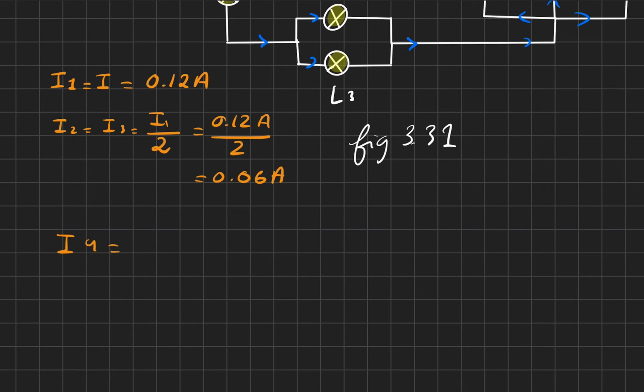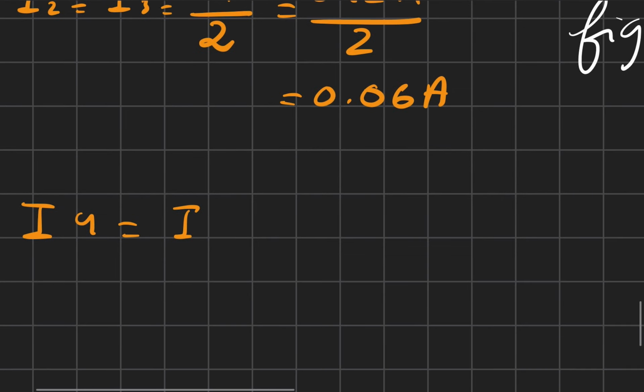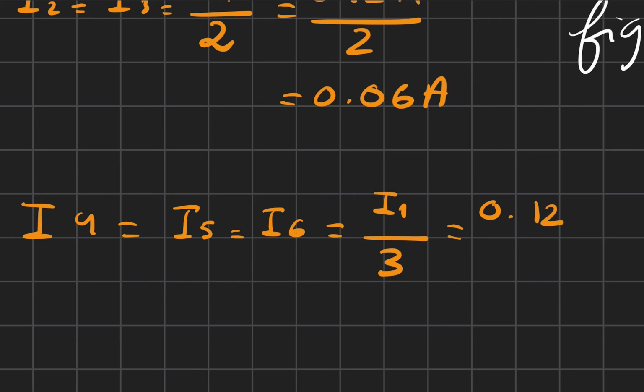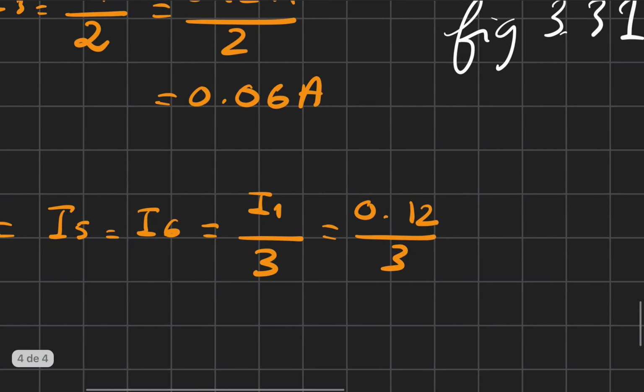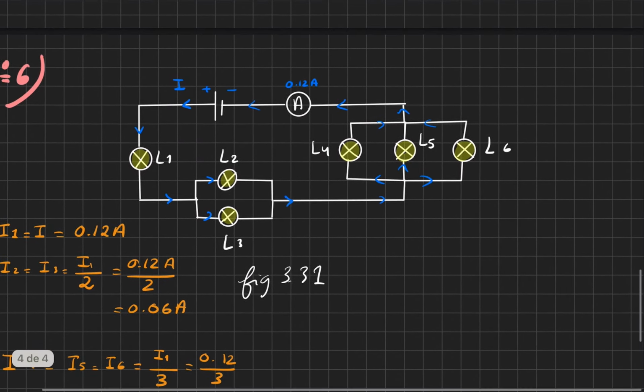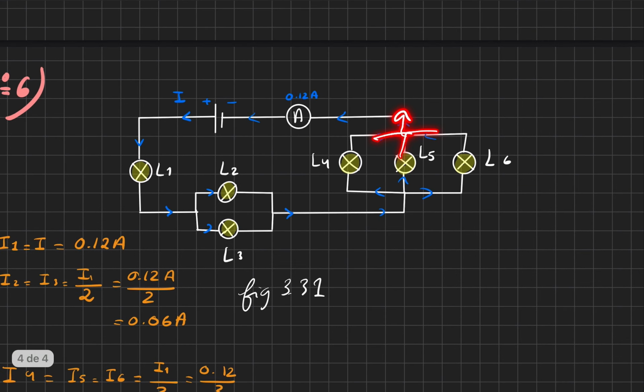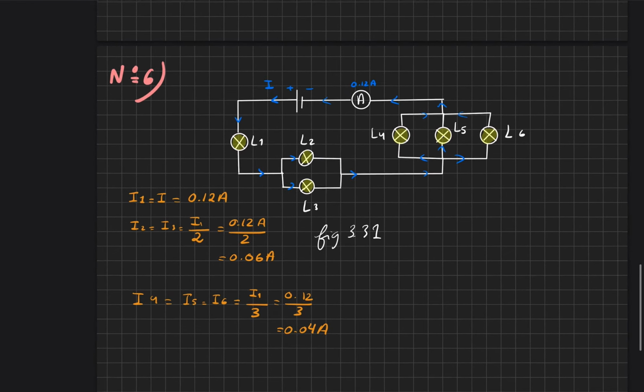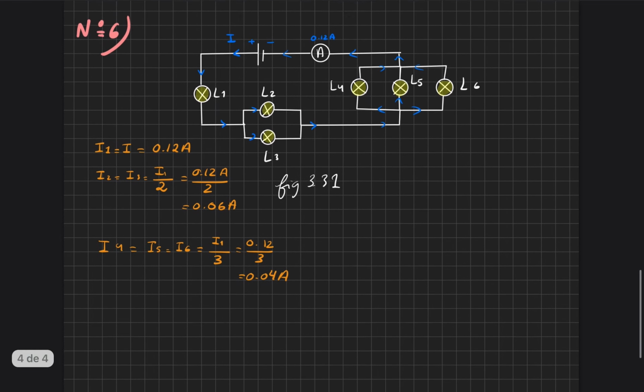So I4 equals I5 equals I6 equals I divided by 3. 0.12 divided by 3 is simply 0.04 ampere. And again these three currents are going to be recollected, and we have 0.12 again, and that's verified again by the ammeter up here.